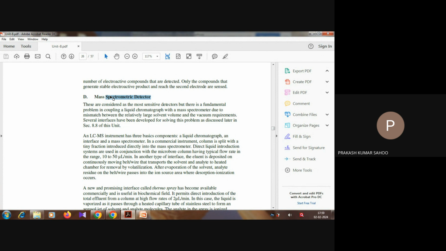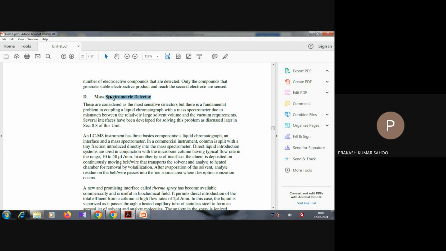But when we go for mass, this is not spectroscopy, this is spectrometry, because in mass spectrometry, the excitation energy which changes the energy state of the electron is nothing but a high speed electron.